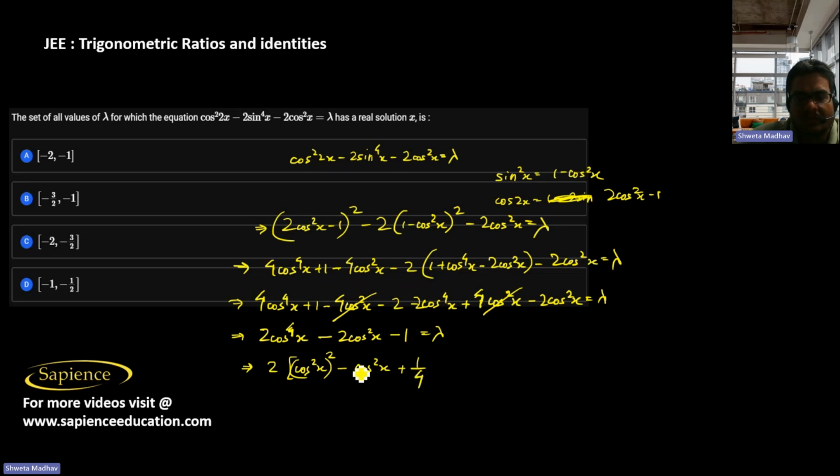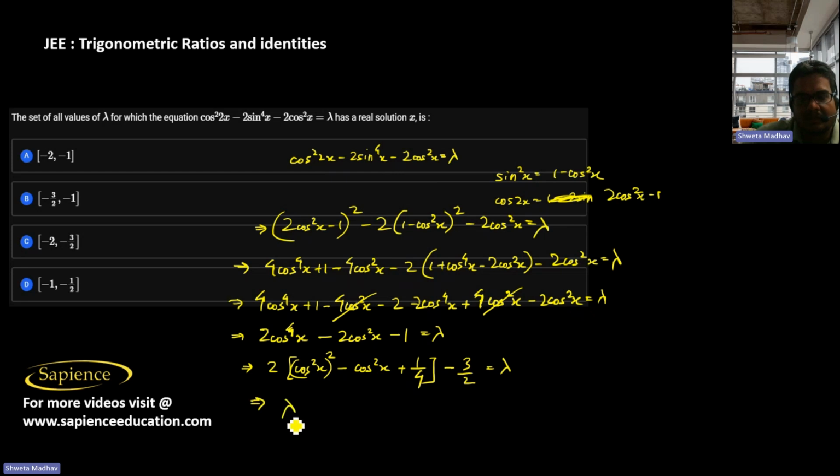Since here we need 2ab, a square minus 2ab plus b square, but here we don't have plus half, so we have minus 1, so minus half minus 1 we have to do, which is minus 3 by 2, that is equal to lambda.